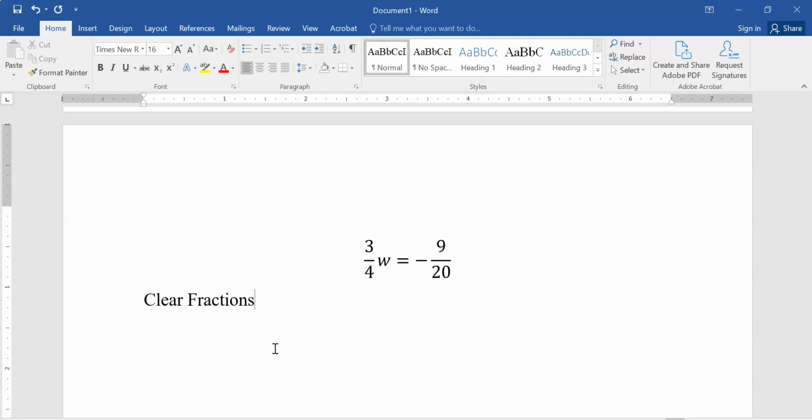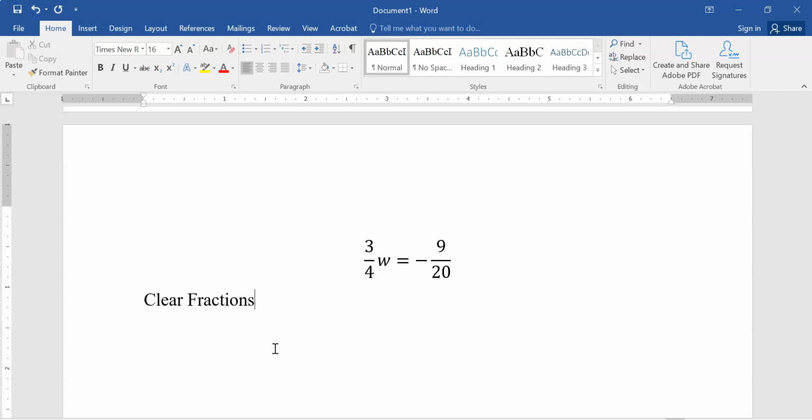So here's how we clear fractions. We need to multiply both sides of this equation by a certain number. And by multiplying by that certain number, all of our fractions are going to magically clear out, and we're going to be left with whole numbers.